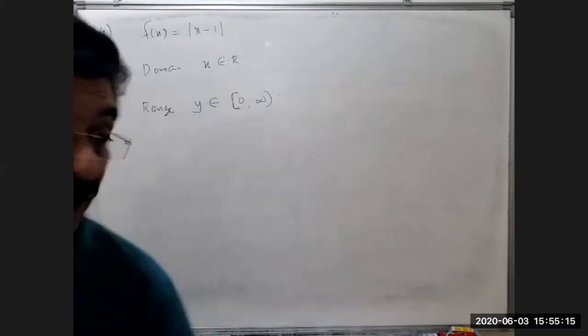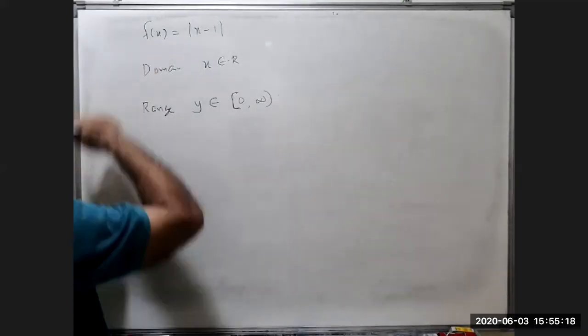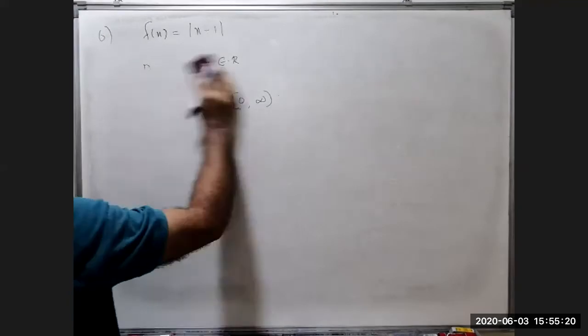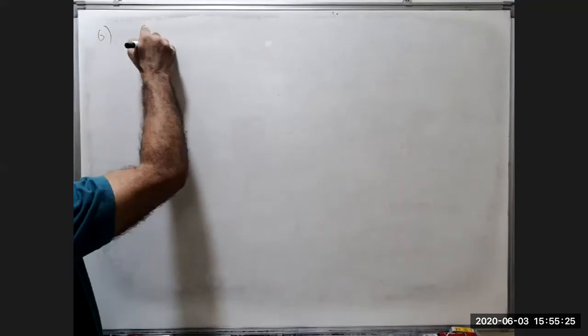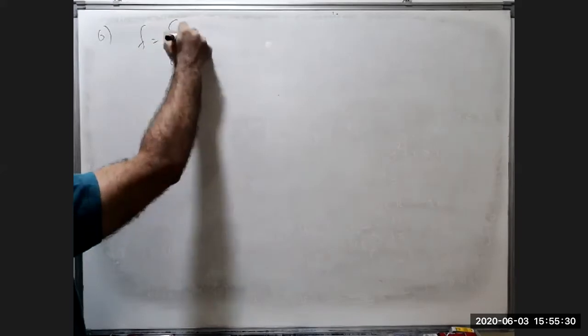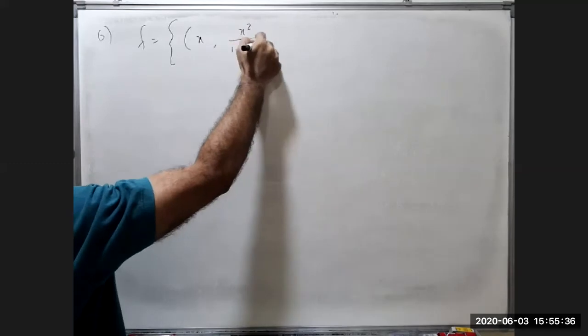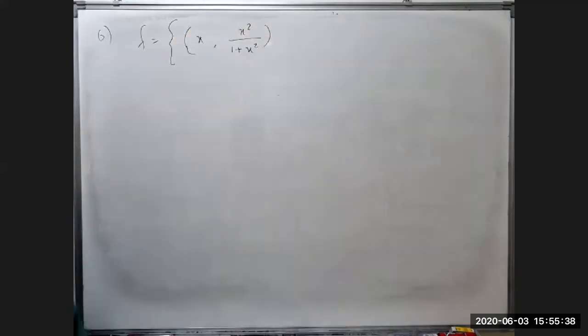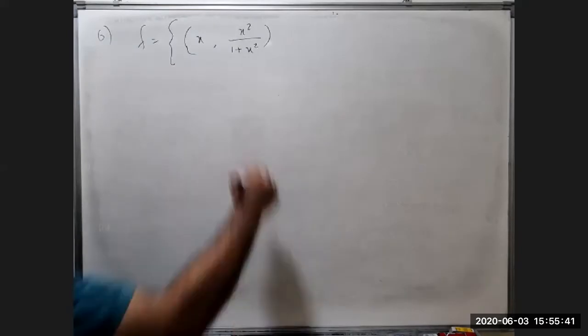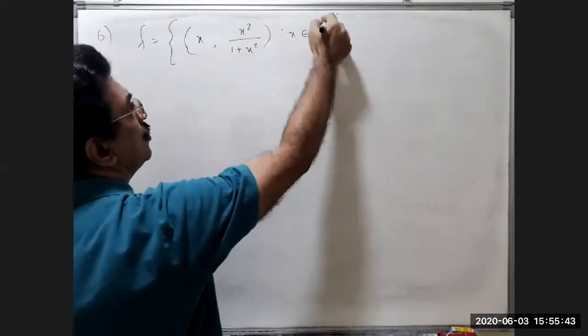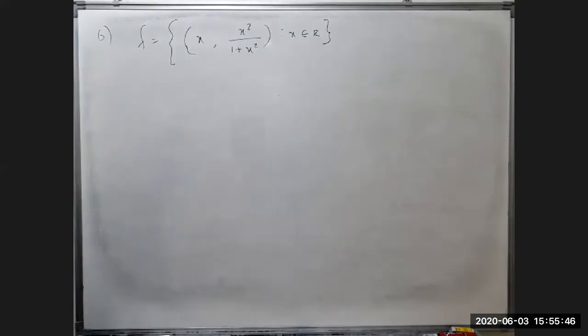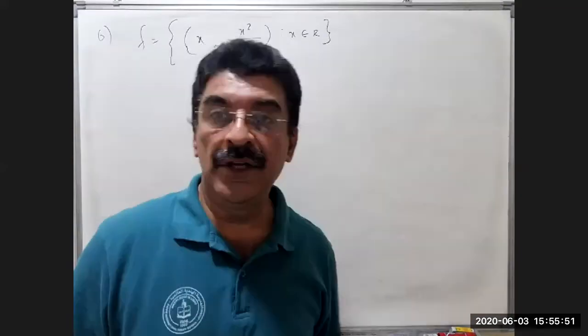Sixth one. This one, again, I will show you another method. The sixth one: the set of x, x square by 1 plus x square, where x belongs to R. Find the range. x belongs to R means x is a real number.